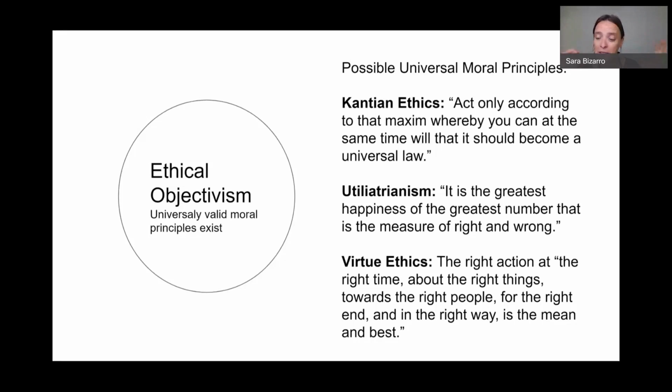What he's trying to say is, if you're about to do something, think about, can you will that everyone does the thing you're about to do rationally, right? So a lot of the things that are considered immoral are things that you cannot rationally will everyone to be doing.